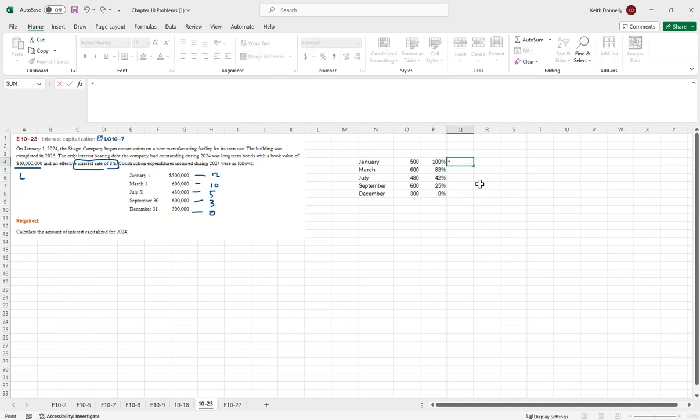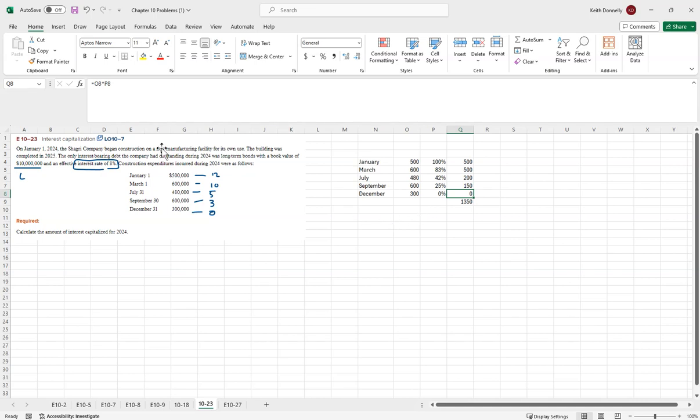And then we're just going to multiply it across. 500 times 100%, 500, carry that down. We then are going to sum all of those costs. We're looking at 1350 there, whenever we figure out this time weighted average, the idea of how long they've been floating out. 1350.